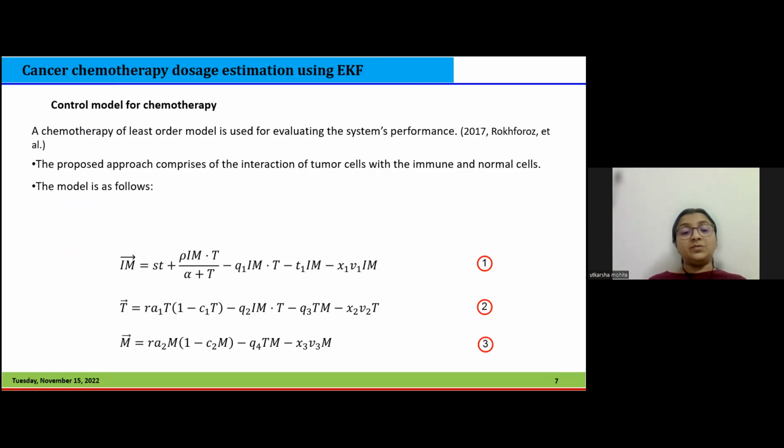Here we represent the control model for the chemotherapy. The amounts of immune cells, tumor cells, and normal cells are flashing in front of you, because in vivo experiments with chemo are quite difficult. That's why first we use the model at the practical stage, and then we try how the controller works.